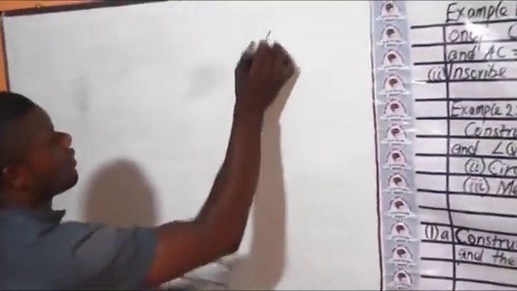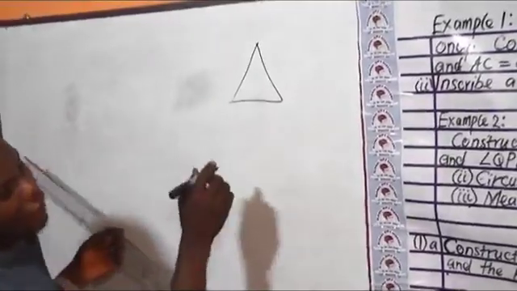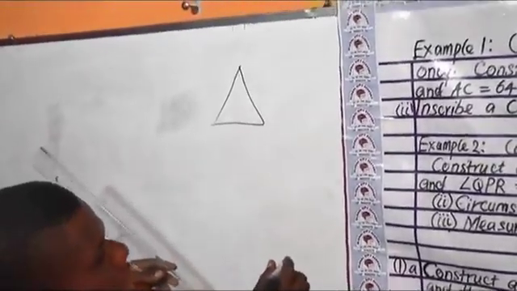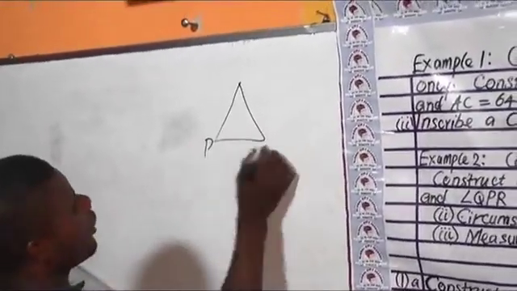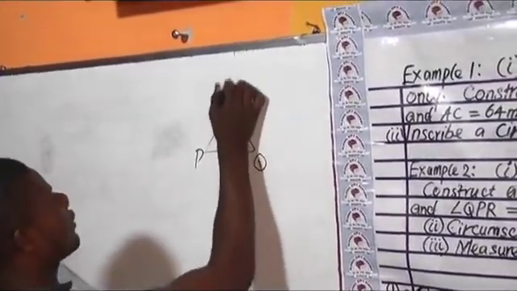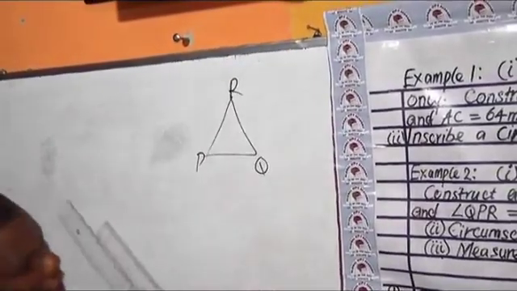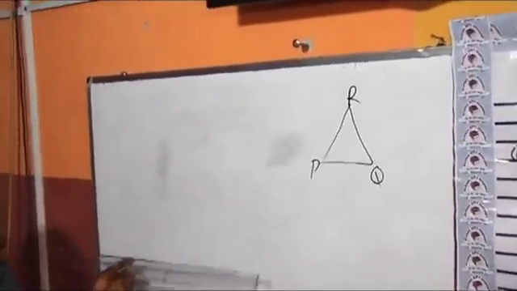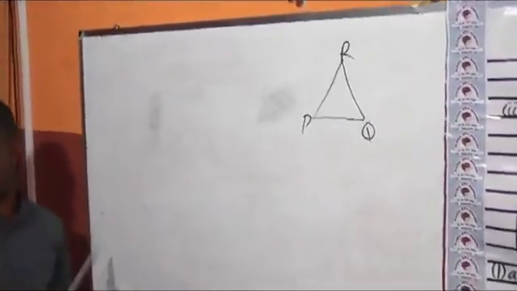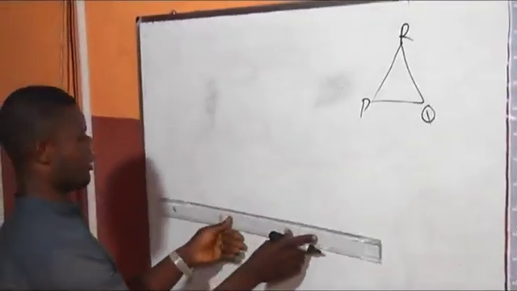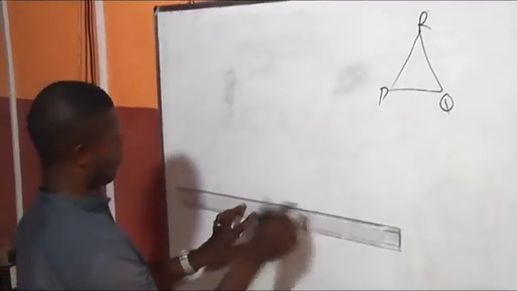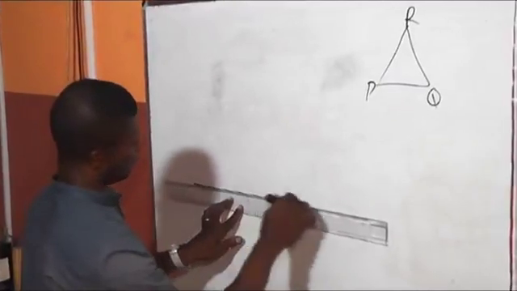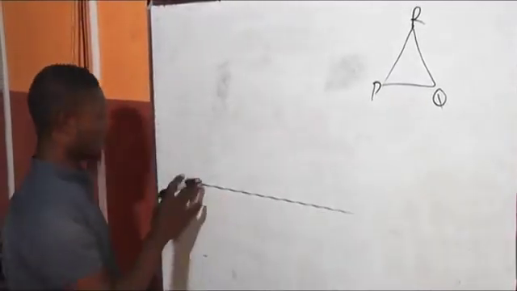You have something like this, and you are asked to construct angle PQR, right? So you start with PQ, which serves as the baseline. Alright, so you draw your horizontal line. Yes, we've drawn our horizontal line.